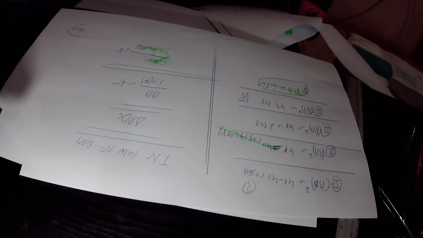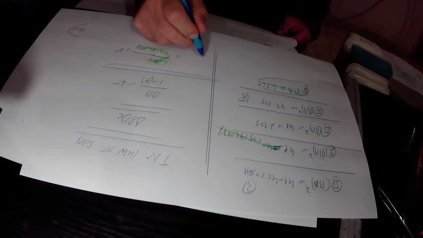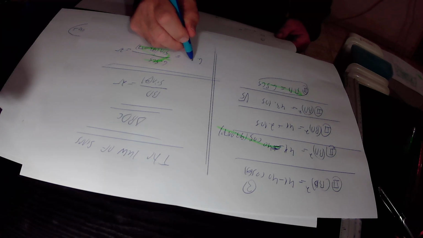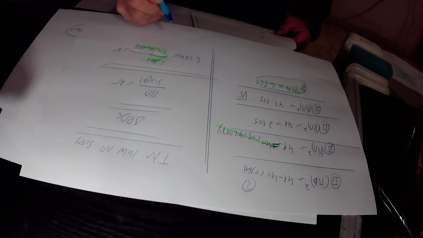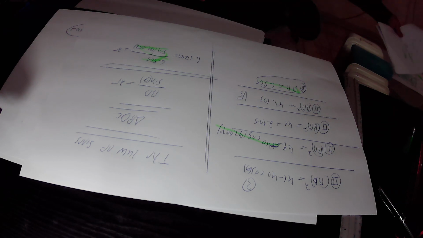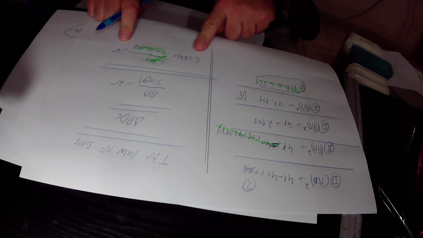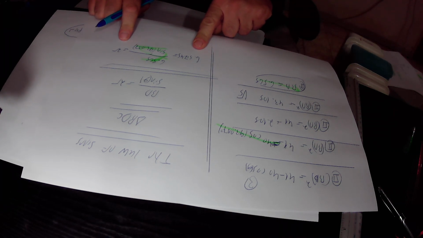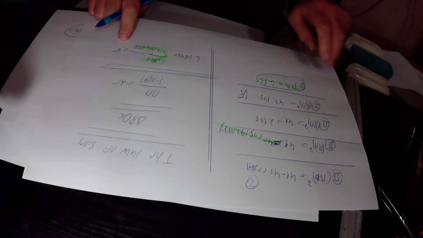6.5745. Those two sides of the equation are equal to each other. That is to say, 6.5745 equals 2R.